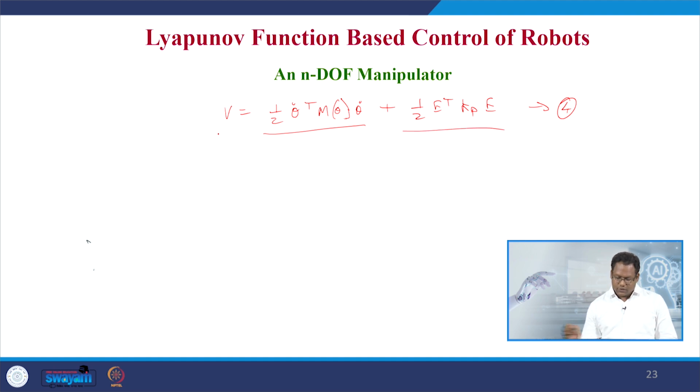This function candidate is a scalar function and it is positive definite, and always positive or 0 because the mass matrix M of theta and Kp are positive definite matrices.